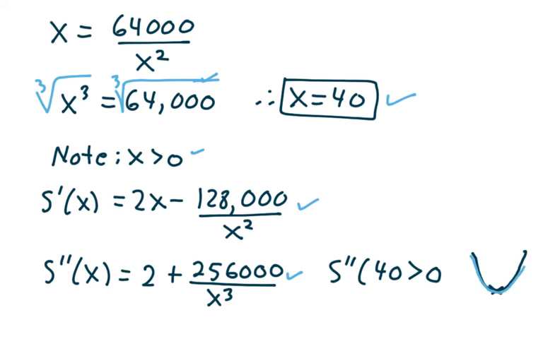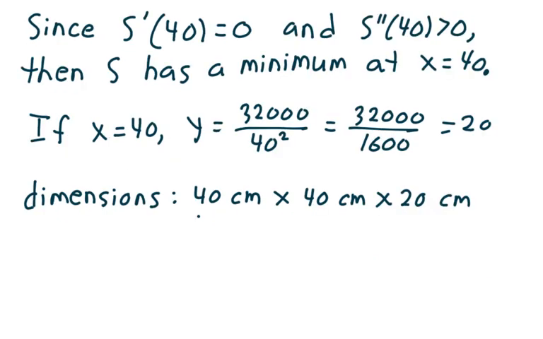So notice here, concave up, and that tells me I have a minimum. And so since s prime of 40 is 0 and s double prime of 40 is positive, s has a minimum at x equal 40. And so if x is 40, then y is 20. And so the dimensions of the box are 40 centimeters by 40 centimeters by 20 centimeters.